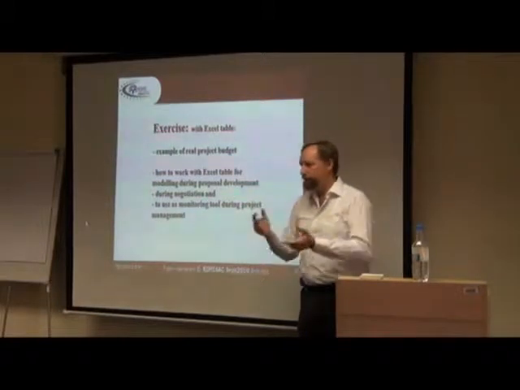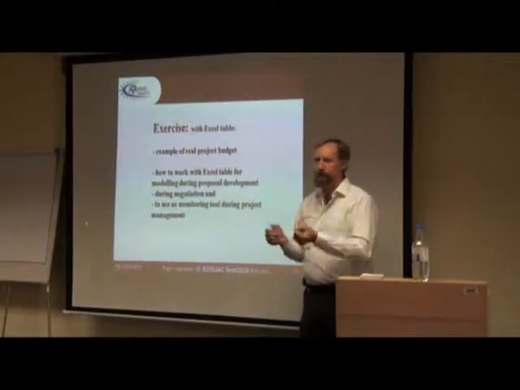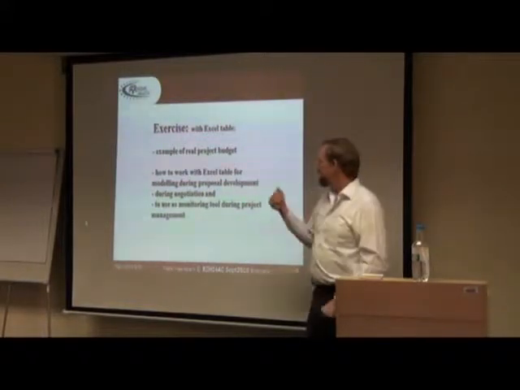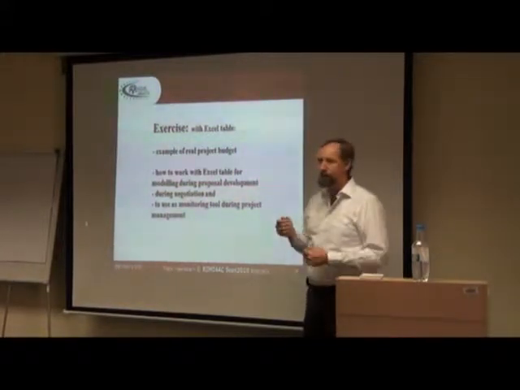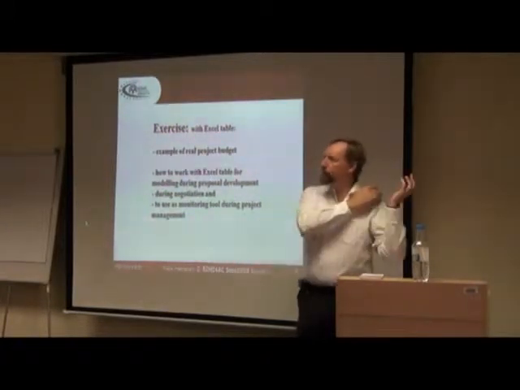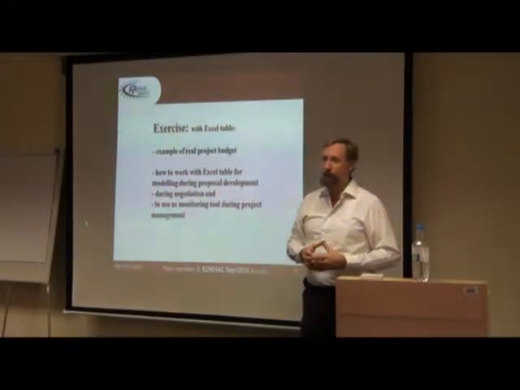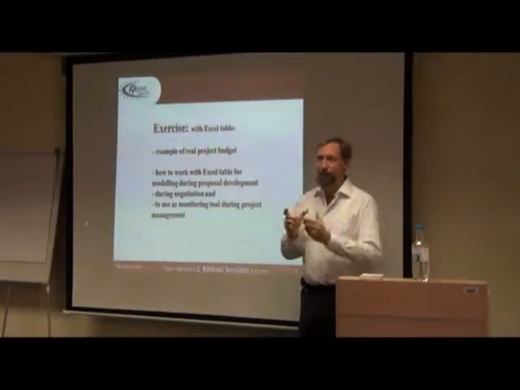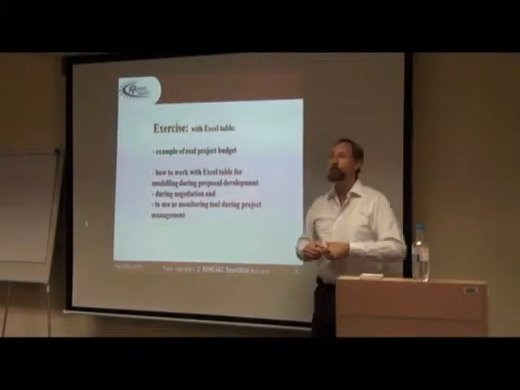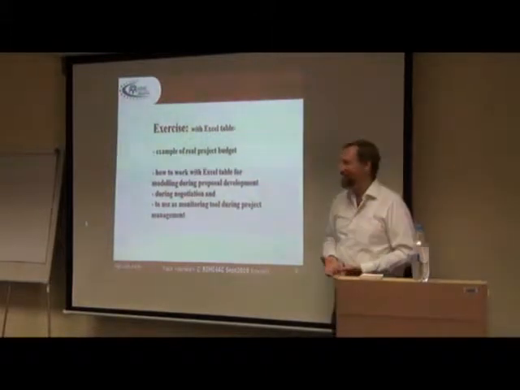So sometimes you have to shift budgets between partners until you have a good balance and you're still below the ceiling. Now, using a table like this, you can just modify 1 or 2 figures in a worksheet and the table automatically recalculates. So you can really model. You can manipulate the figures so that you find the right balance. And you don't have to do all the calculations by hand again.